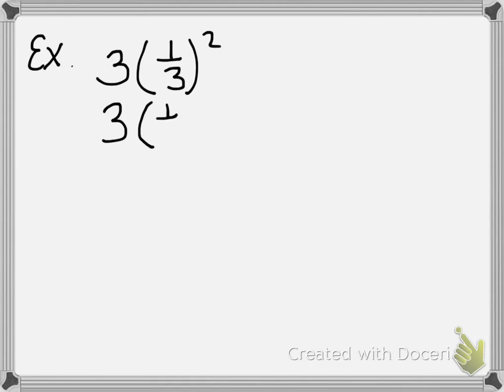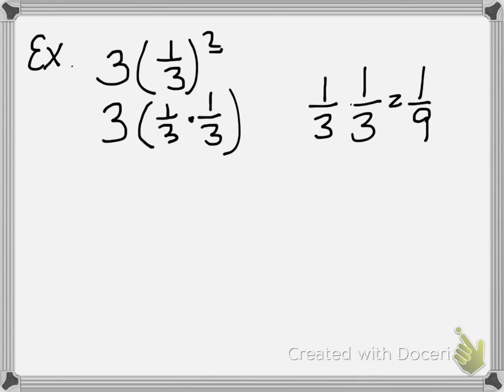The next example that they had in the textbook looked like this. If I wrote this out the expanded way, I would have 3 times 1/3 times another 1/3, because there's an exponent of 2 up there. So 1/3 times 1/3 makes 1/9.